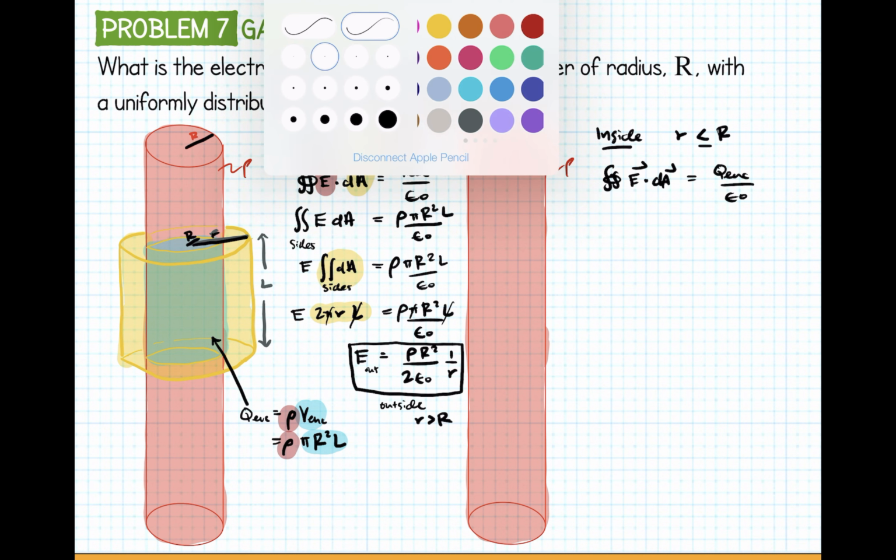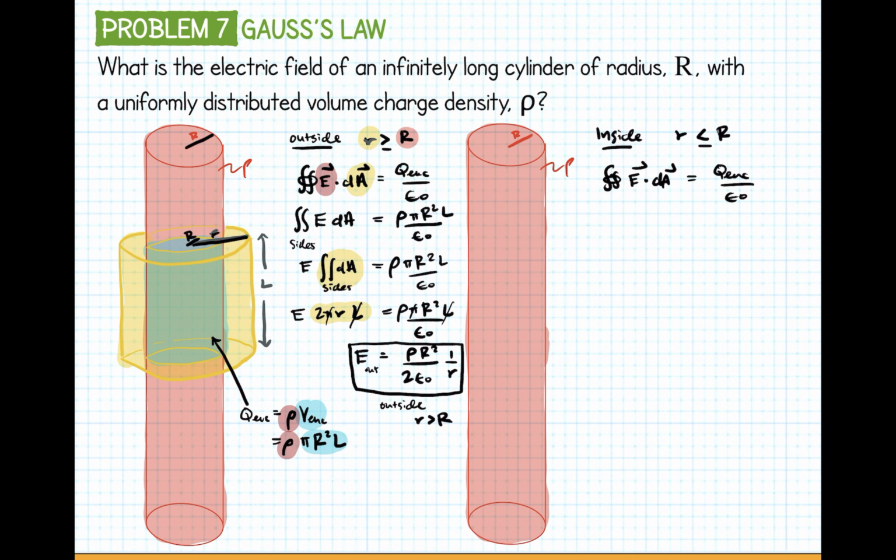But our Gaussian surface is now going to have to be drawn to be inside the cylinder. So we draw sort of a tiny cylinder, maybe not that tiny, a tiny cylinder inside our big cylinder. Okay, and this tiny cylinder has a radius little r.